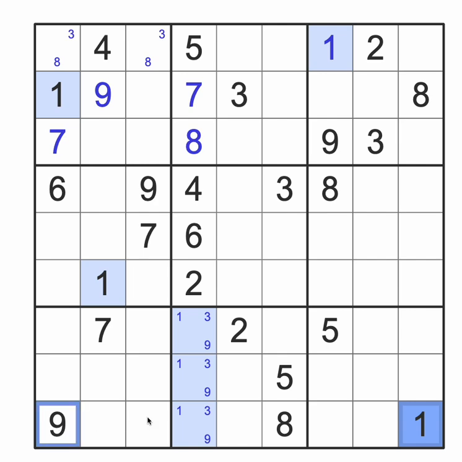Here's 1 and 9. So this is 3. Oh, and I can place 7 in box 3 because this 7 blocks here, this 7 blocks here. That gives me 7 here.